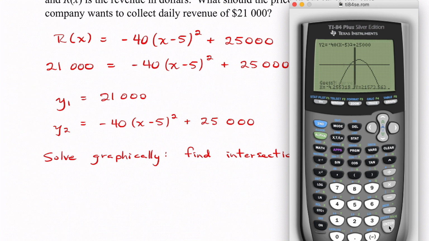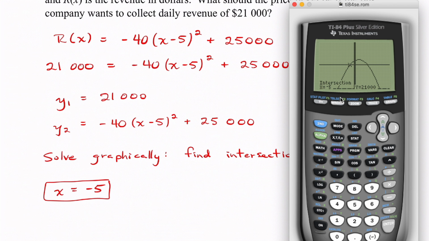Okay, so we can click enter. And then it's going to find the closest crossing or intersection point, which is going to be right there. So I'll click enter one more time, and then it gives me the solution. So when x is equal to -5. So let's write down that one answer.